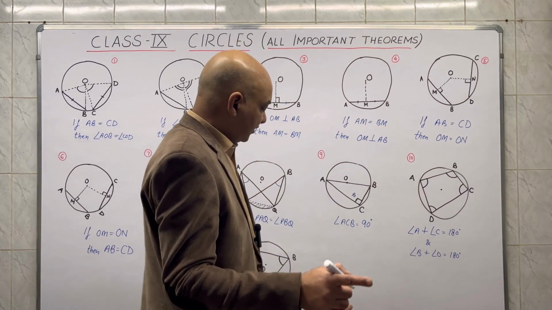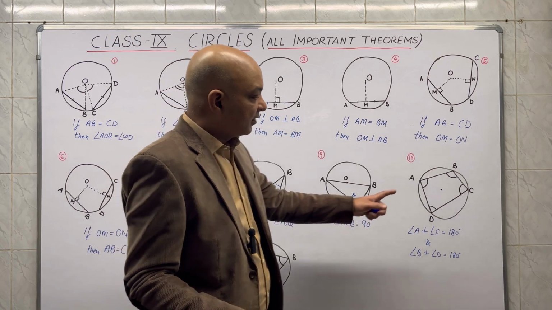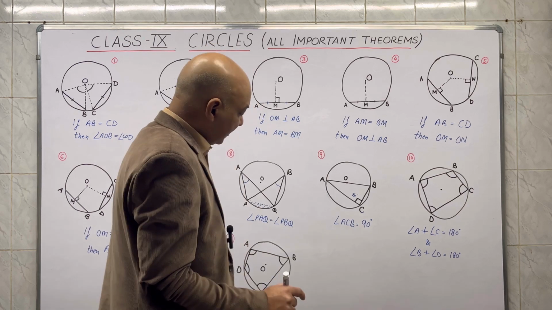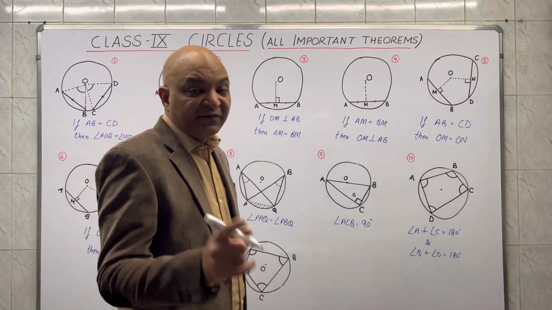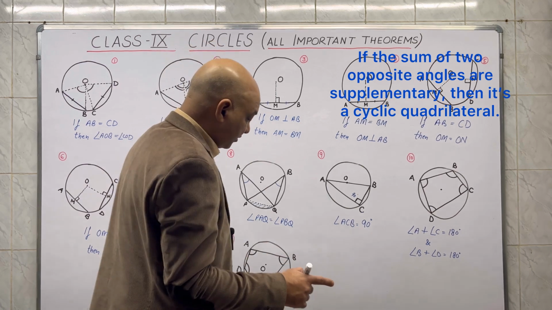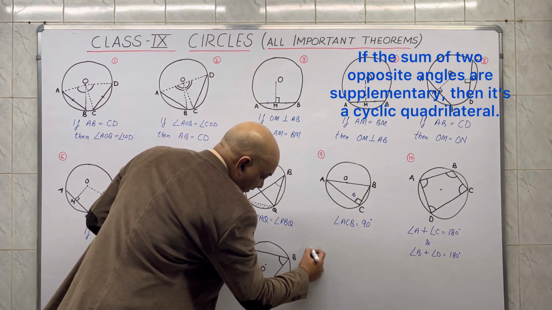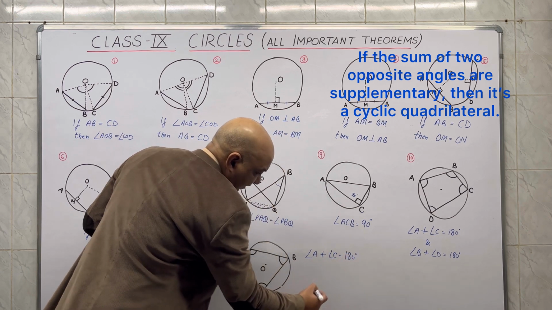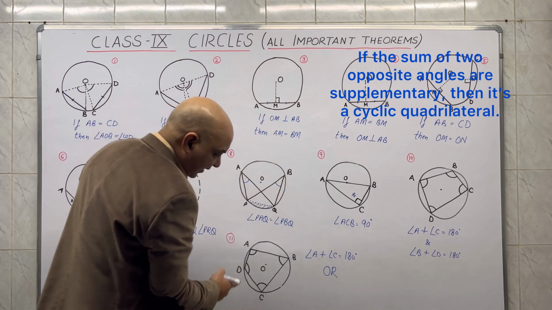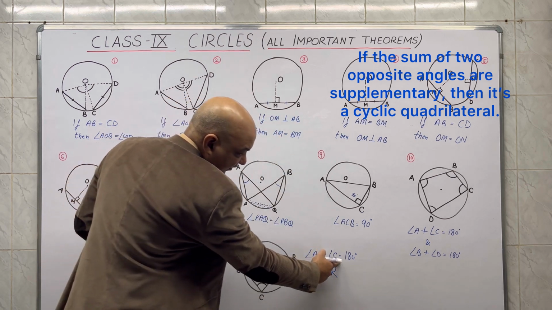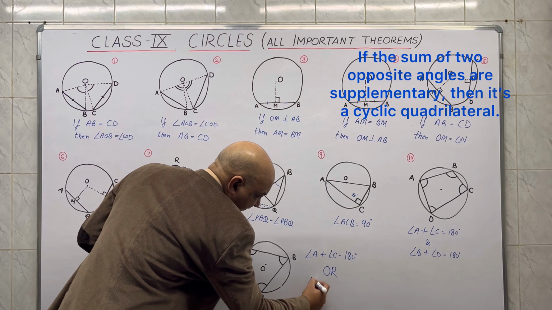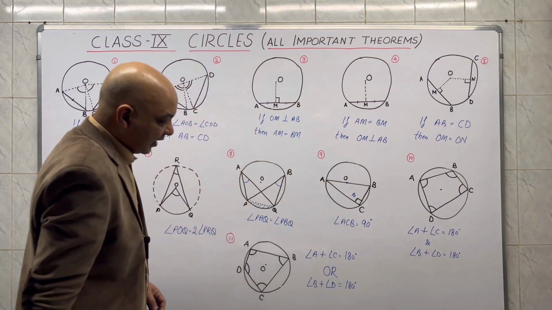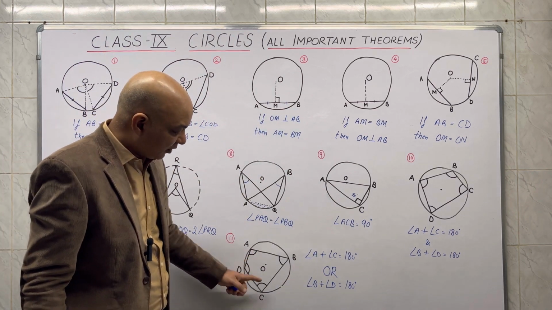Right. The last theorem, theorem number 11, is the converse of the 10th theorem. But there is a very important point to note: this theorem states that if the sum of a pair of angles is 180 degrees, that means either A plus C का sum 180 आप शो करें, या दूसरा पेयर B plus D. वेरी इंपॉर्टेंट, आपको दोनों पेयर का sum 180 नहीं शो करना है.